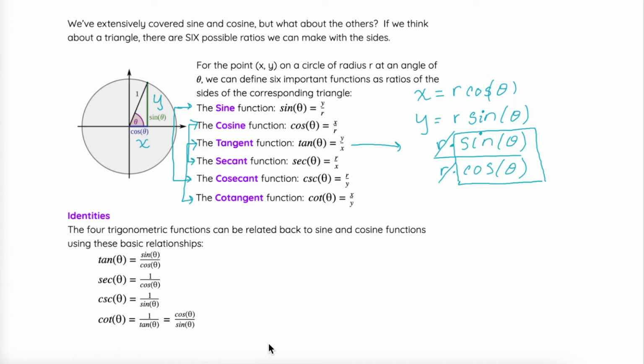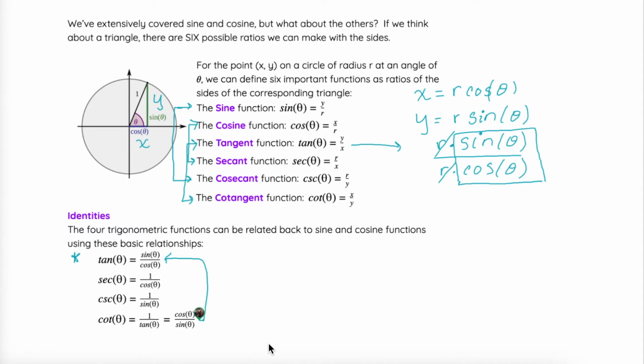So I've already stated above that tangent is sine of theta over cosine of theta. Secant, since it's the reciprocal of cosine, I can write as 1 over cosine. Cosecant is the reciprocal of sine, so 1 over sine. And then cotangent obviously is the reciprocal of tangent, so just cosine over sine.